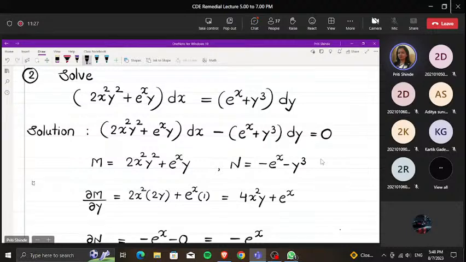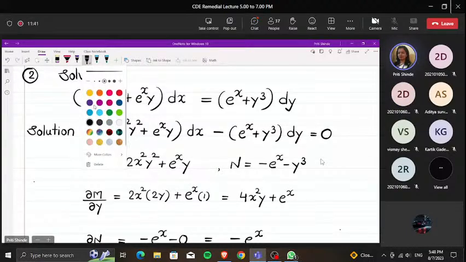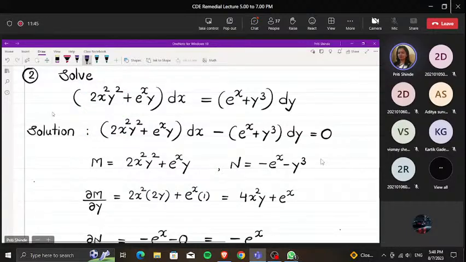Can we apply rule number 2? No. See your equation. So we cannot apply rule number 2 also. From the first term, you can take y common. Okay, there is a confusion. If you take y common, yes, here we get y into dx.